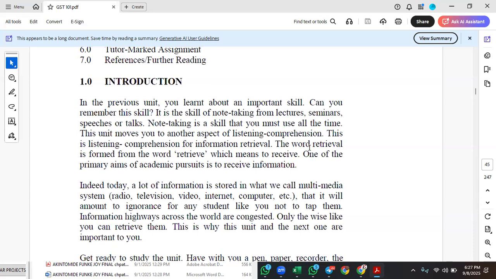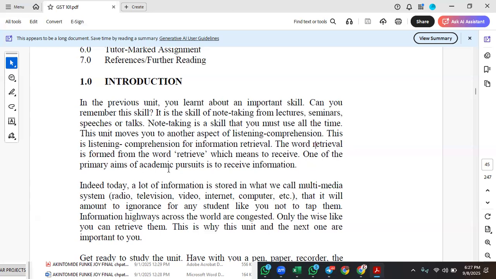The word retrieval is formed from the word retrieve. These are things you have to put in mind in case you meet them in the exam, which means receive. Retrieval is formed from what? Retrieve, which means receive. From retrieve, we got retrieval, and the whole meaning is to receive something.